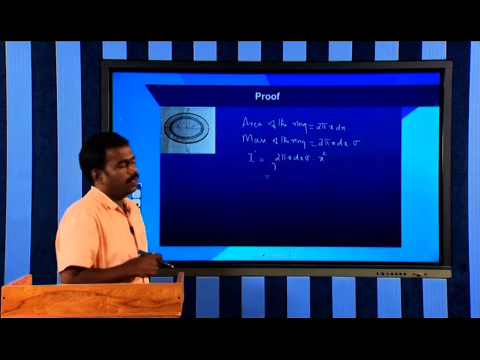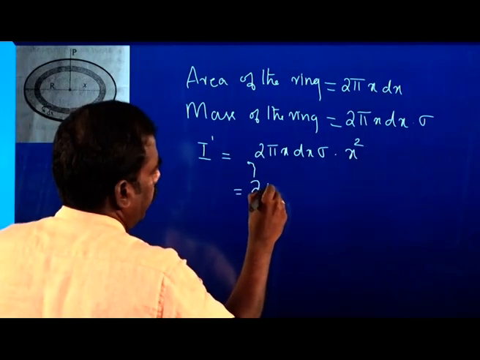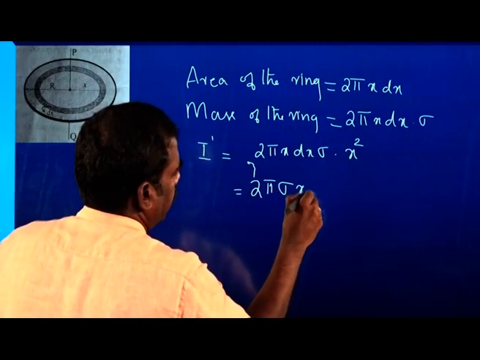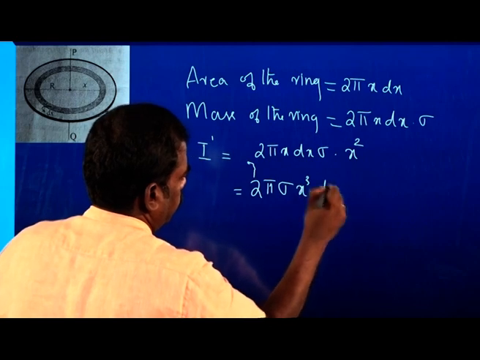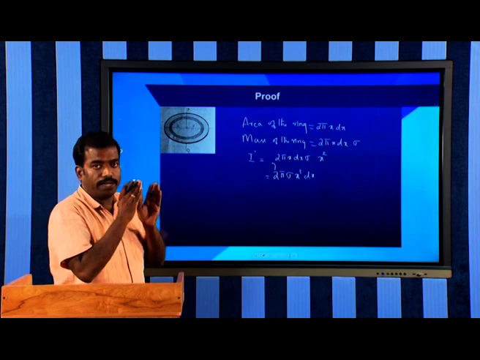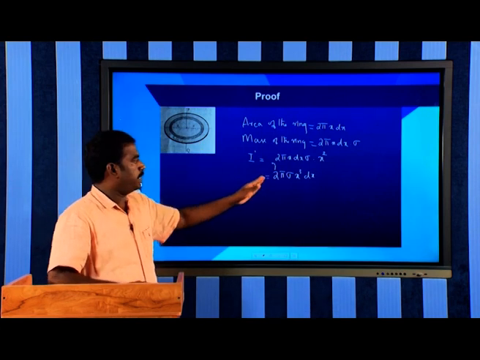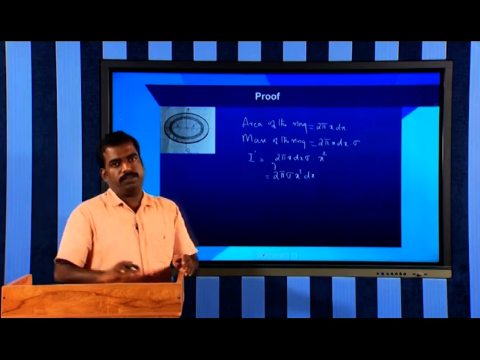So the moment of inertia is nothing but 2 pi sigma x cube dx. This is the moment of inertia of the ring which is at a distance of x from PQ, 2 pi sigma x cube dx.